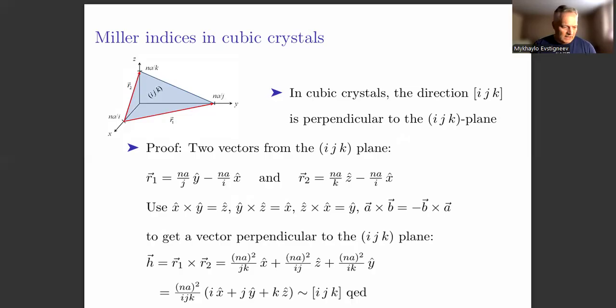Now, like I said, this doesn't work for any other crystalline system but the cubic lattice. So in cubic crystals, the planes with the Miller indices ijk are perpendicular to the vectors with the same Miller indices ijk, and vice versa.